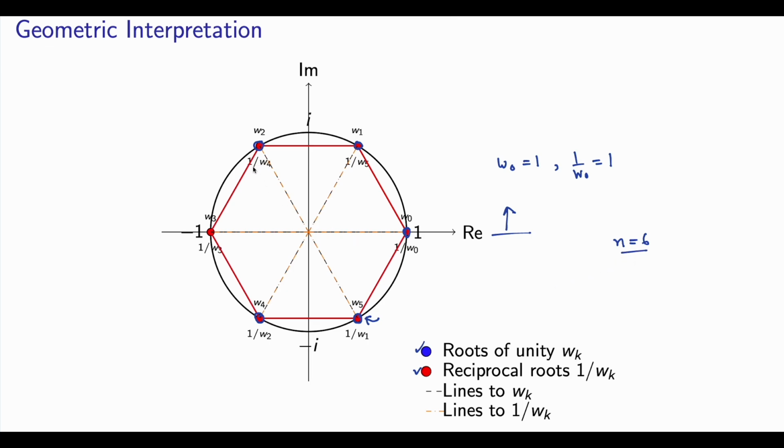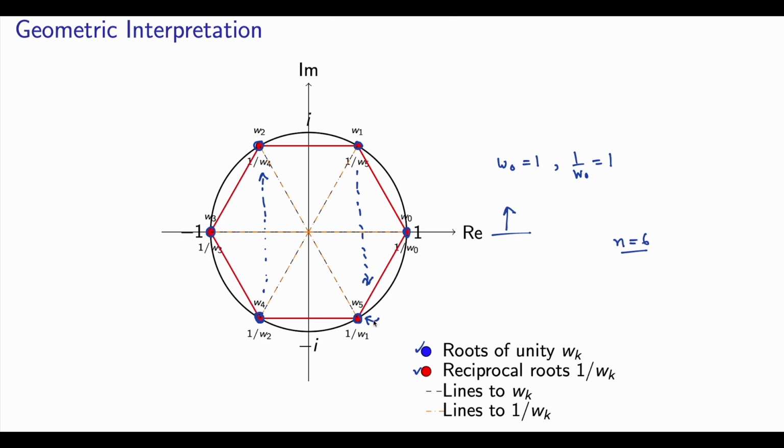So n equal to 6 if you take, then you will get 6 roots. W3 is just the 1 by W3, and W4, the x-axis will play the role of a mirror, so this will go to here, 1 over W4. This will come here, right? So like that.